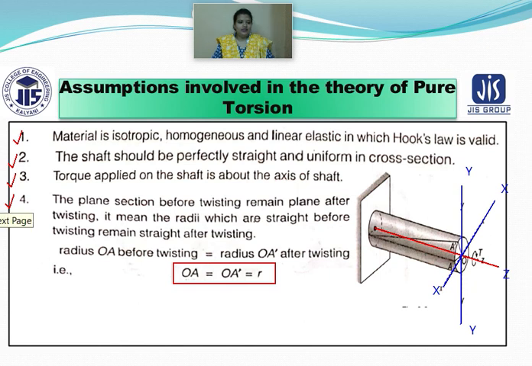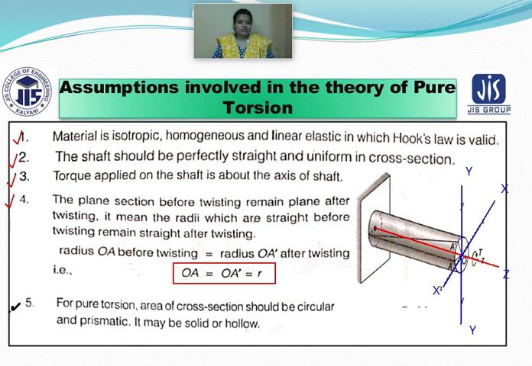And finally we are coming to the last assumption for pure torsion. If you consider pure torsion, then the area of the cross section should be circular and prismatic, and it can be solid or it can be hollow.